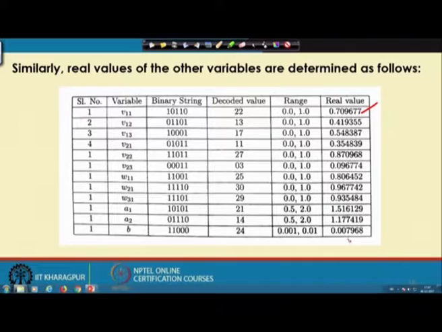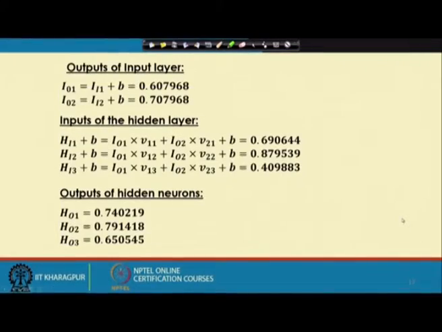Here in the table there is a mistake, it should be serial number 5, 6, 7, 8, 9, 10, 11, 12. For each of these design variables I can find out the real values, and these real values we now have to use to find out what the output should be for the set of inputs.